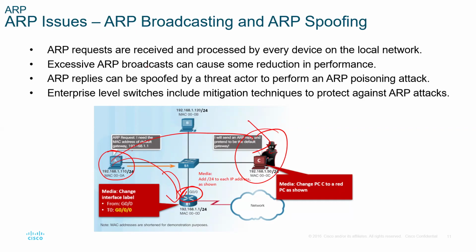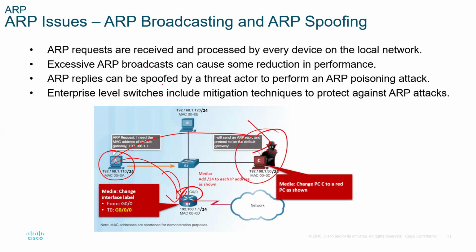ARP spoofing. In an ARP poisoning attack, an attacker sends forged ARP replies, falsely associating an IP address with the attacker's MAC address. That defines what we call spoofing. So we have the poisoning, that leads to what we call spoofing.